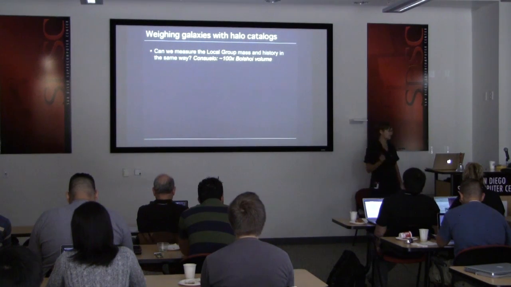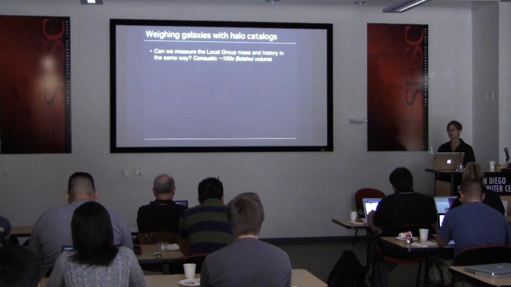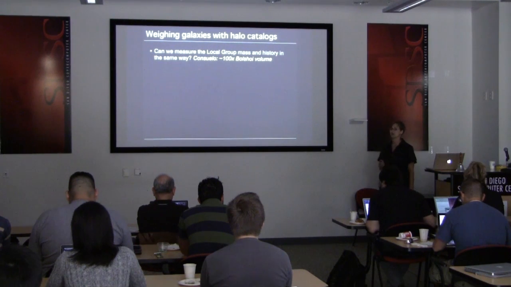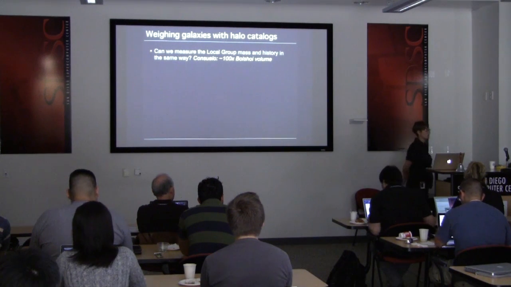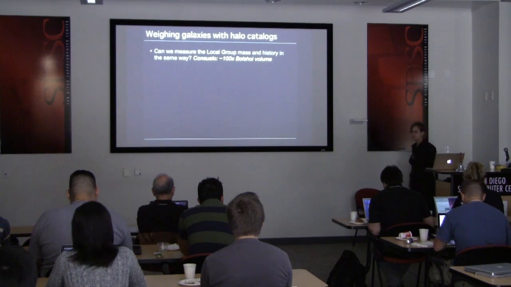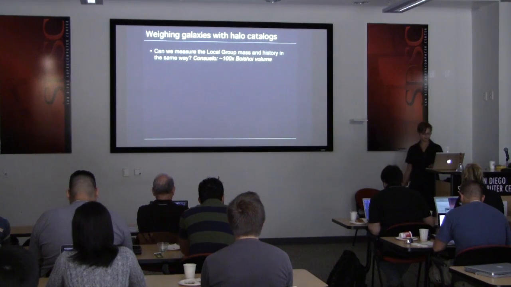So in this case, we have the set of the highest resolution simulations from the Las Damas suite of simulations. That stands for Large Suite of Dark Matter Simulations. And the highest resolution box is called Consuelo. It's a 420 megaparsec box as opposed to Bolshoi's 250, but we have 50 boxes of that size. And so we've got about 100 times the volume of Bolshoi.